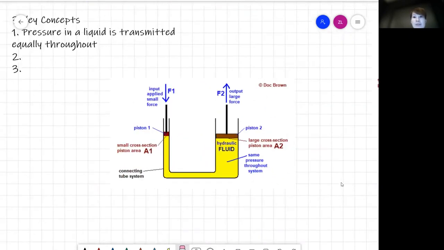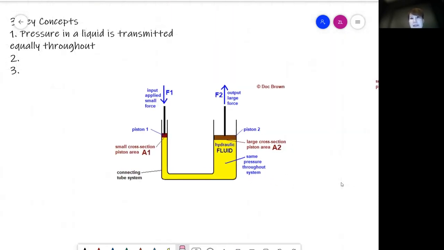Now in this diagram, we see a simple hydraulic system. Now what is a hydraulic system? It is basically a system that allows you to apply a small force that will produce a large force. Now this is very useful, especially when we're talking about lifting the weight of a car so that you can change the car tires.